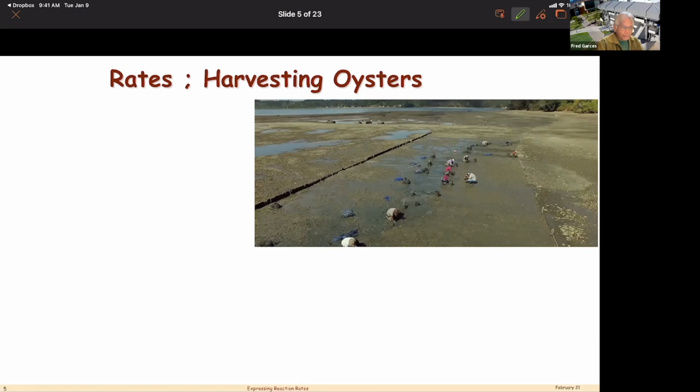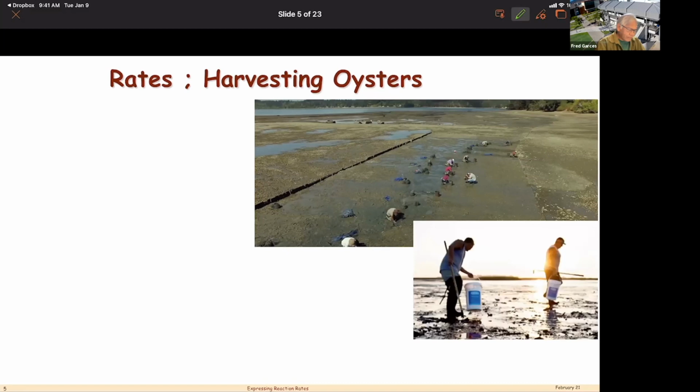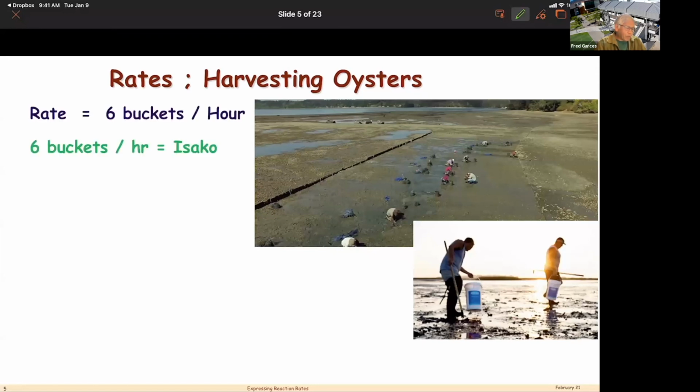Now that's backbreaking work where you have to bend down and dig oysters and then fill a bucket. Okay. And you get paid based on the bucket. And so, like I said, you have to go out, dig down the oysters from the mud pit, and then depending on how much you gather, that's your pay rate. So one guy, he's a big Samoan guy, 6'3", very strong.